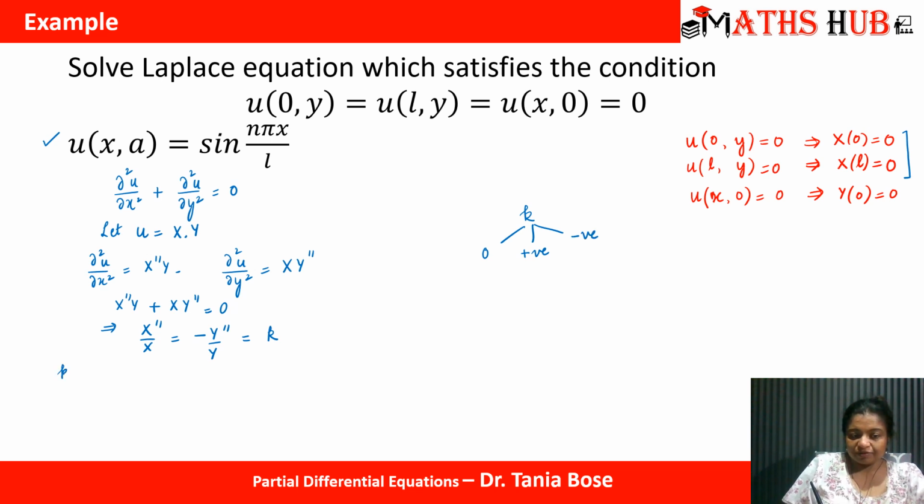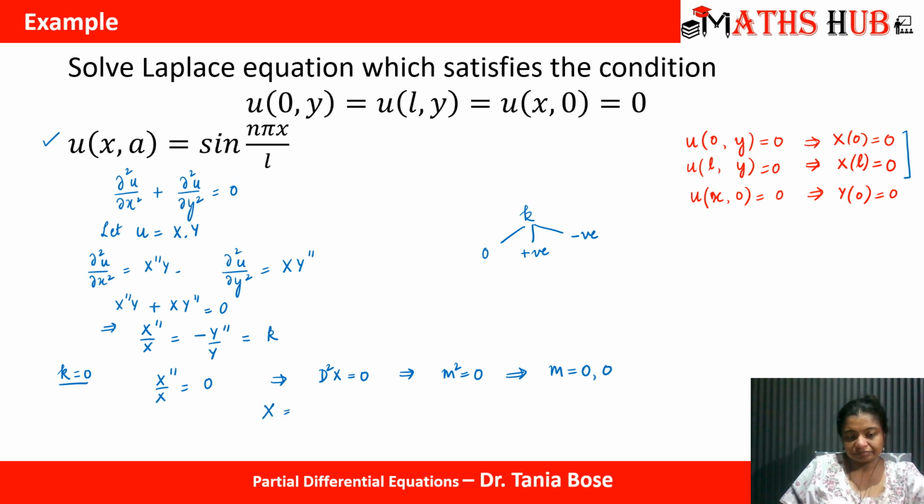So let us take up the first case when k is equal to 0. So when k is equal to 0, let us solve the first equation X double dash by X is equal to 0. So this would imply D square X is equal to 0. So this implies m square is equal to 0. So this implies m is equal to 0, 0. So what is X from here?